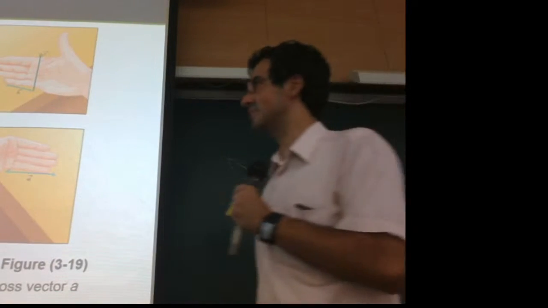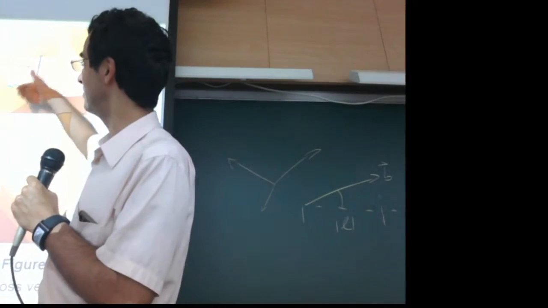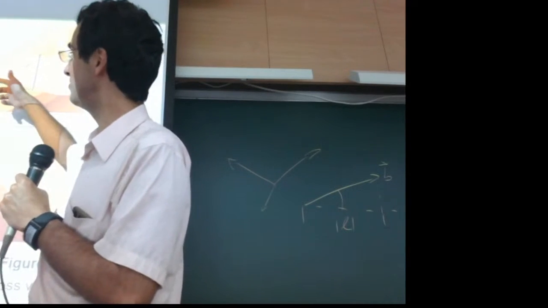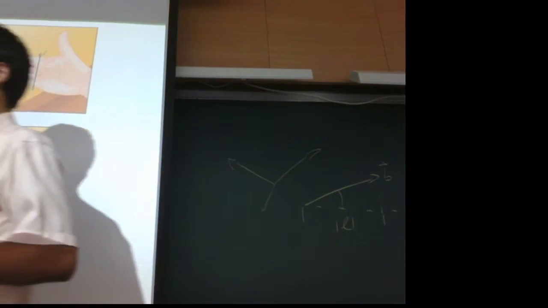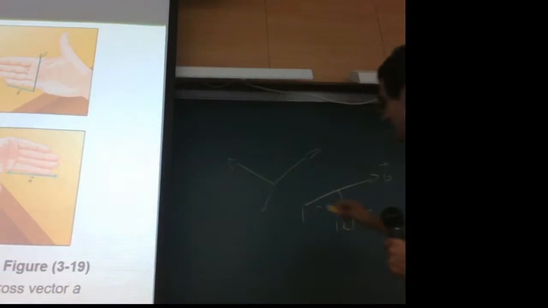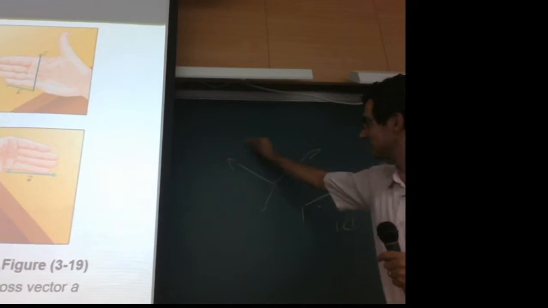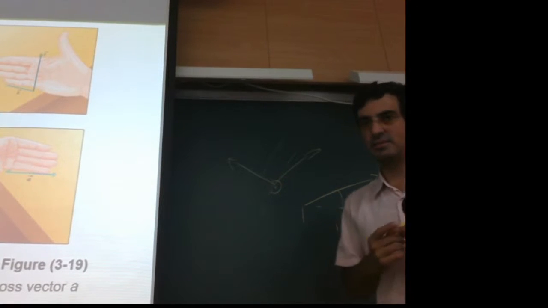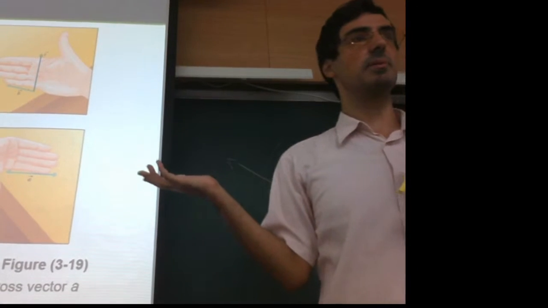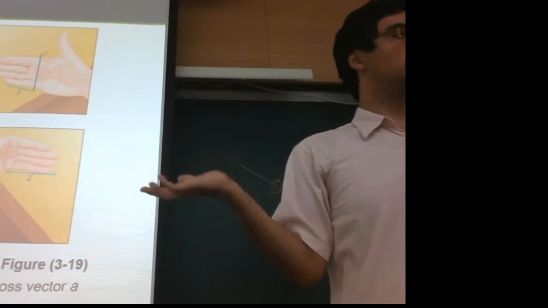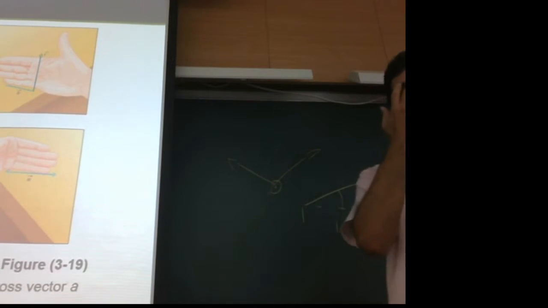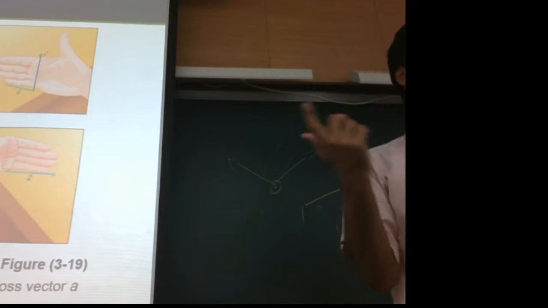We are saying that the vector has to be standing 90 degrees to vector A, and it has to be standing 90 degrees to vector B. So A and B are forming a plane, right? And so that means that C is standing perpendicular to that plane. So it's useful because if you have two vectors telling you a plane, the other one tells you that's normal to that plane.